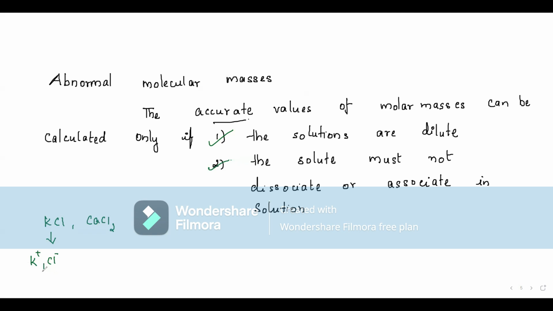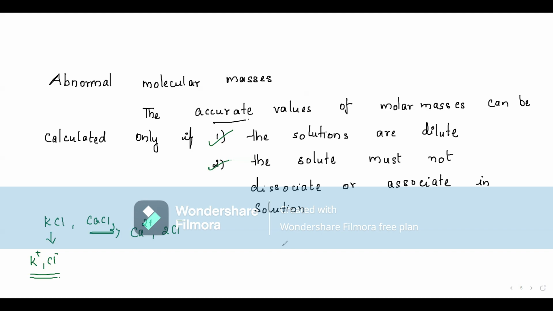So the number of particles is increasing from 1 mole of solute. In effect, you are finding 2 moles of solute in solution. CaCl2, on the other hand, will give you Ca2+ and 2Cl-, which means 1 mole of CaCl2 produces 3 moles of ions in solution. So that is an example of dissociation.